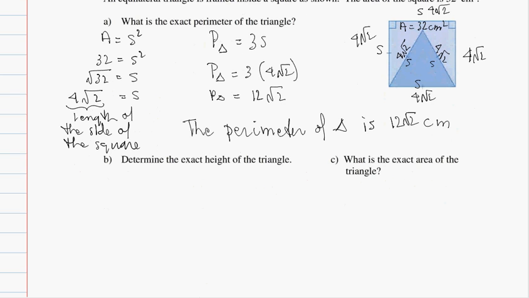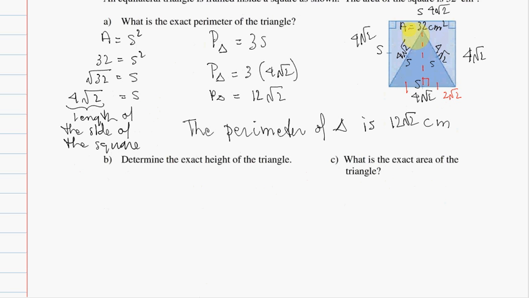Okay, now we want to work out the exact height of our triangle. Okay, so let's draw in a line to represent our height. And because the height of our triangle will bisect the base, 1/2 of that is half of our 4 root 2, which is 2 root 2.